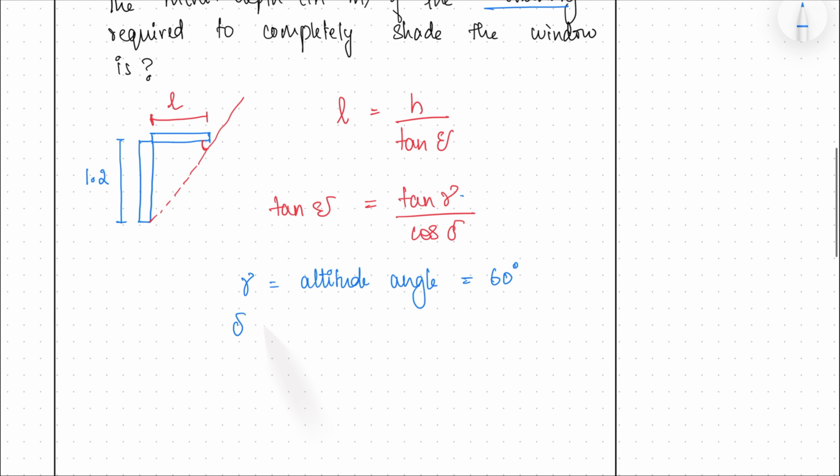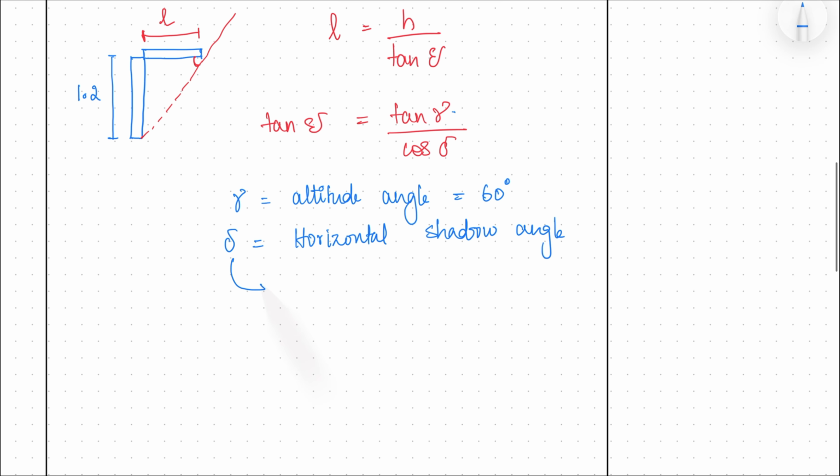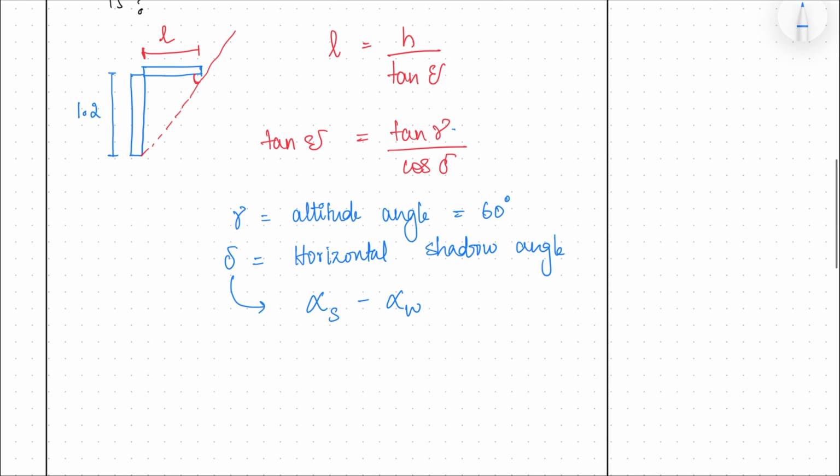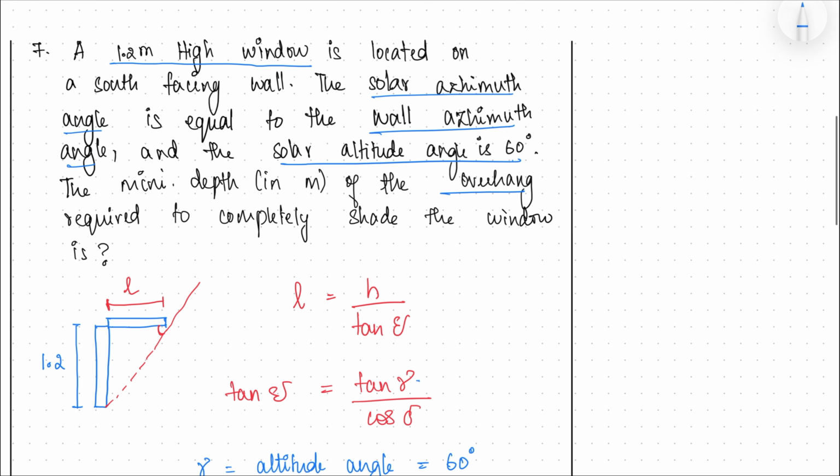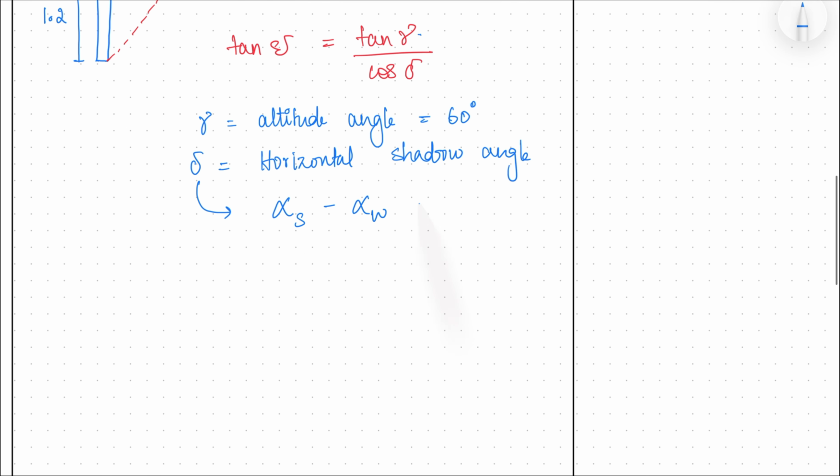And your delta is the horizontal shadow angle, which can be written as azimuth angle of the sun minus azimuth angle of the wall. And they have mentioned that the solar azimuth angle is equal to the azimuth angle of the wall, which means this would become 0.